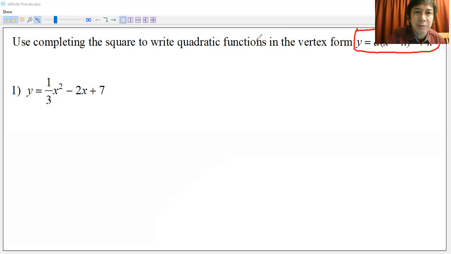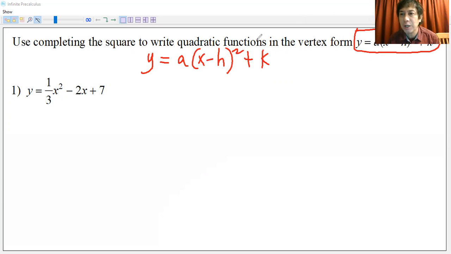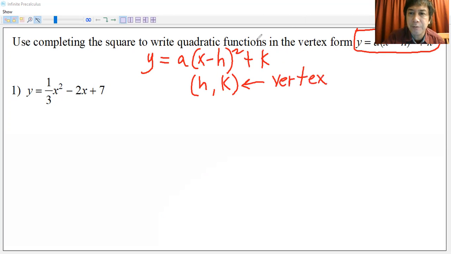Again, the vertex form, we shall write it over here. y is equal to a times the quantity x minus h squared plus k, where h and k is the vertex, the vertex of the parabola, the graph of the quadratic function.